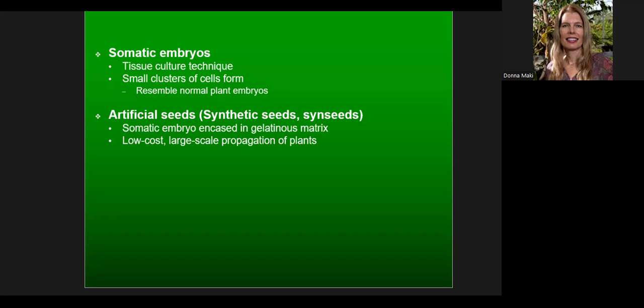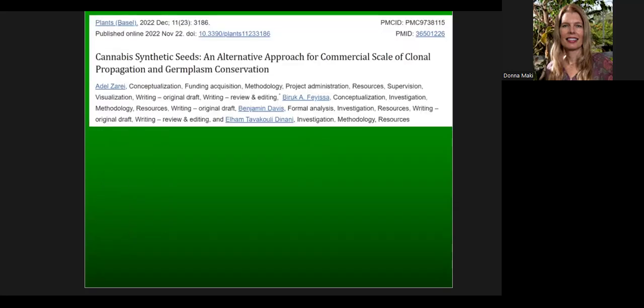And so they're starting to do this a little bit more, but basically you can buy artificial seeds from certain companies, and they will typically say on their website, it's a somatic embryo that they've created. One story that was published, a couple of years ago, was cannabis synthetic seeds, an alternative approach for commercial scale of clonal propagation and germplasm conservation.